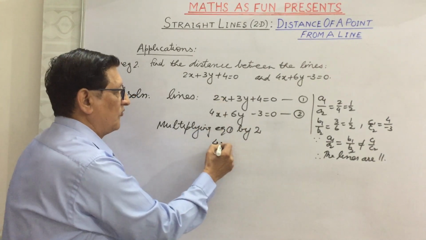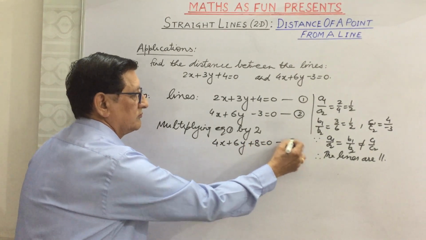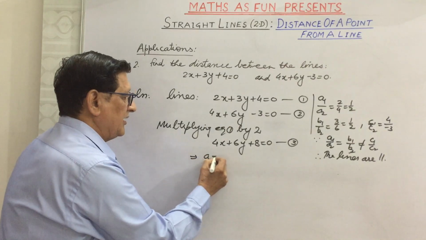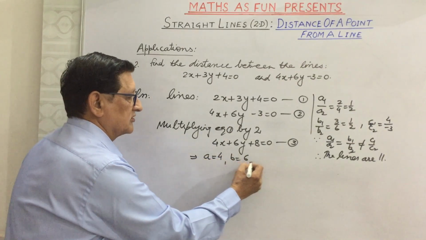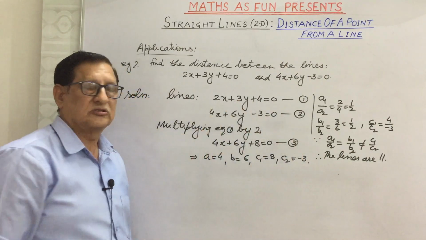We are getting 4x plus 6y plus 8 equal to 0. From this what are we finding? A is equal to 4, B is 6, C1 is 8 and C2 is equal to minus 3.